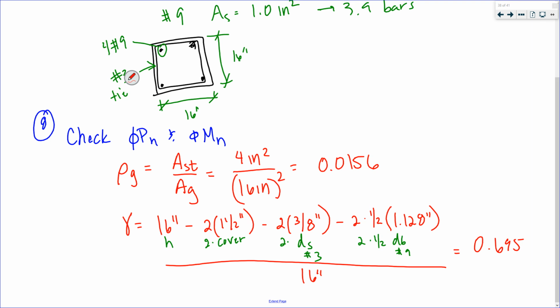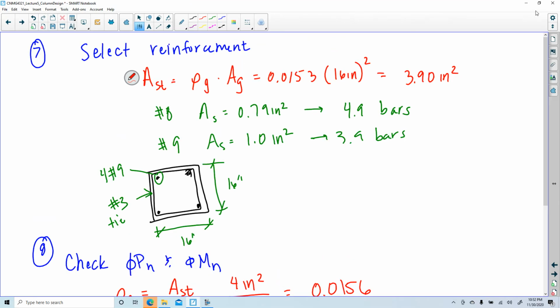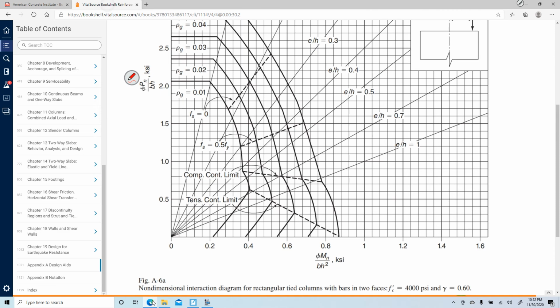So 0.156, let's see. 0.156 is right in here.